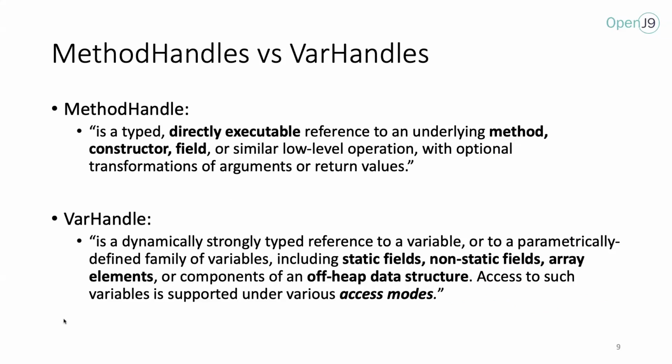A method handle is directly executable, whereas a VarHandle can only be executed through one of its access modes. Access modes refer to the operations which can be used to manipulate the entity that the VarHandle represents.